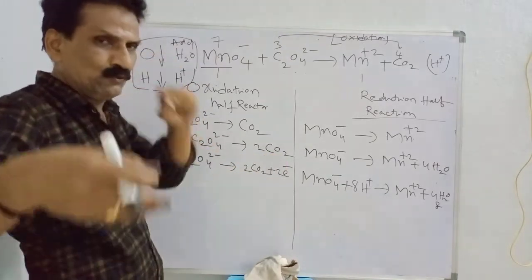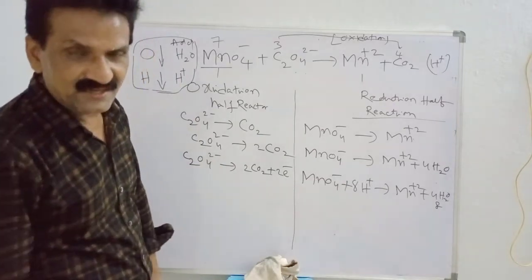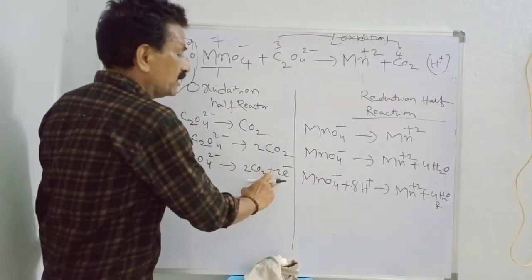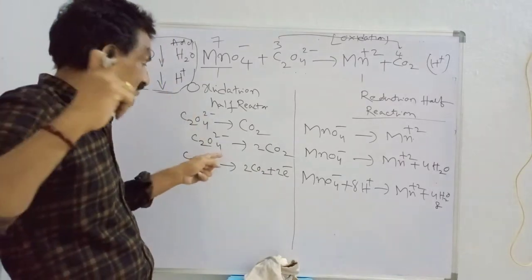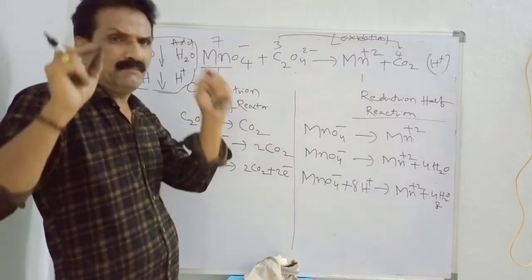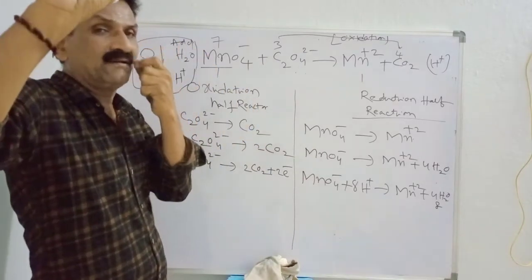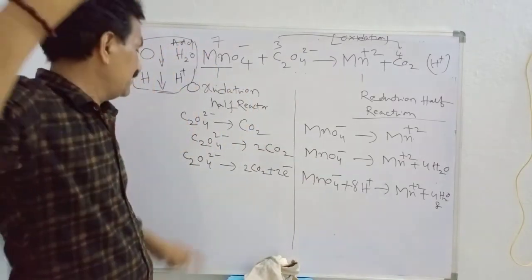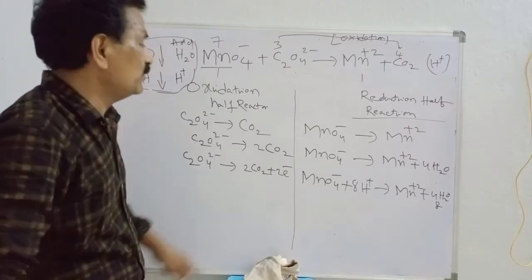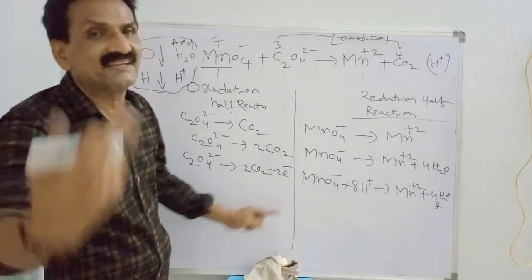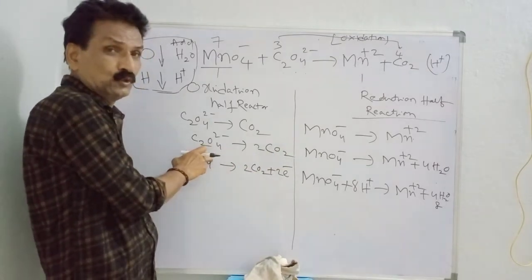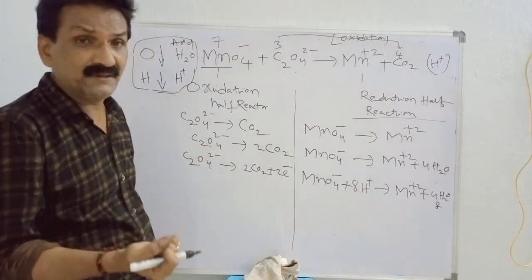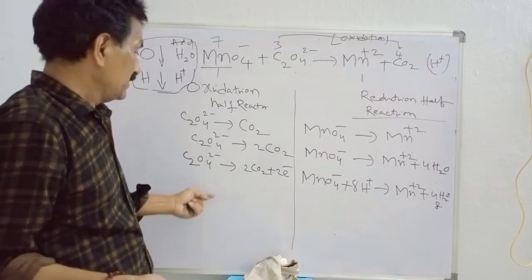To balance the charge, we have added 2 electrons. Here is a trick: while balancing the negative charge, where electrons are less, where negative charge is less, we have to add 2 electrons on that side. Here there are no electrons, so here 2 electrons are there.